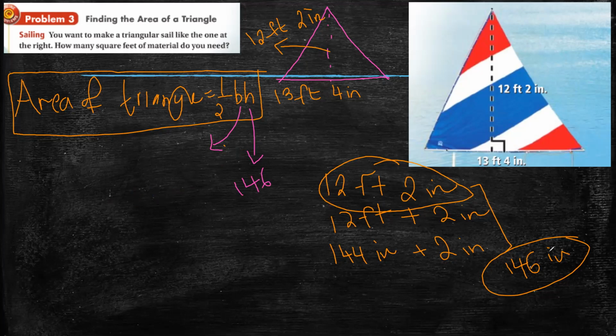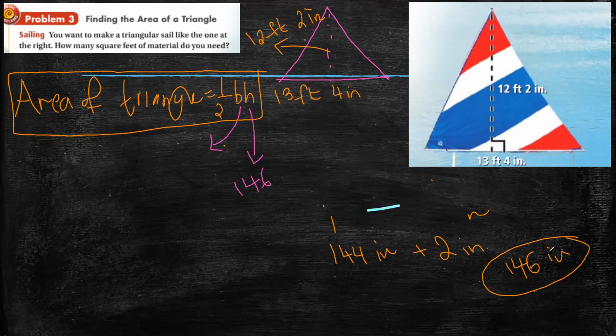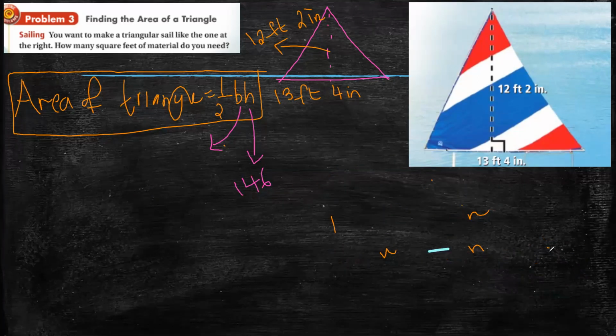Now, let's convert the 13 feet 4 inches. We have to do the same steps now. By the way, these types of questions, how to make them in 1 unit, 13 feet 2 inches, 100 meters 4 centimeters, and so on, come in Set 1.